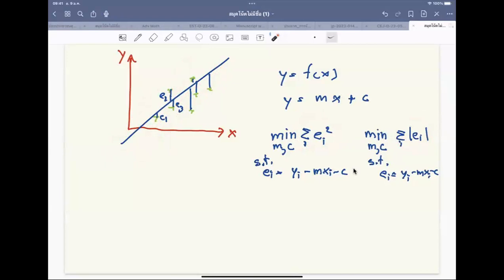Okay, so, and I told you that the weak point of this one is if we have outlier, for example, here, outlier here, you see that, well, most of the points can be well predicted. However, this one will penalize the fit.